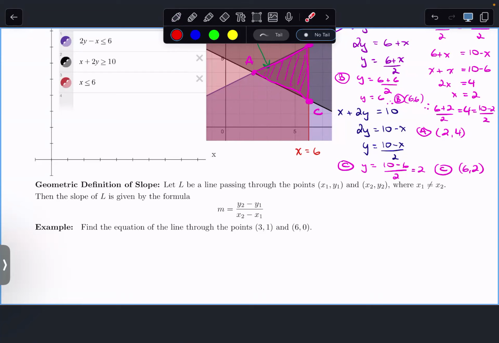But then you have the vertices of the feasible set, which is pretty cool. Quite a bit of skills going into it, but with practice, you get it. Any questions about the feasible set, etc.?